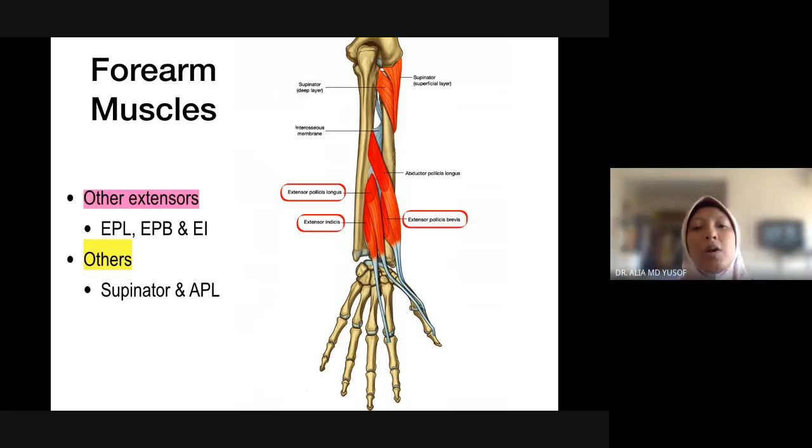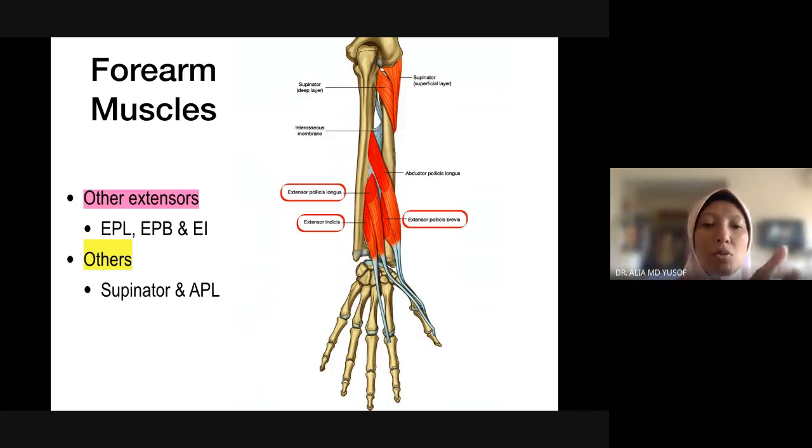Right. Satu lagi extensor ialah extensor indicis. This one is special untuk jari second digit, jari telunjuk. Extensor indicis arises from the interosseous membrane of radial ulnar joint at the distal part, and it inserts itself at the base of second proximal phalanx.